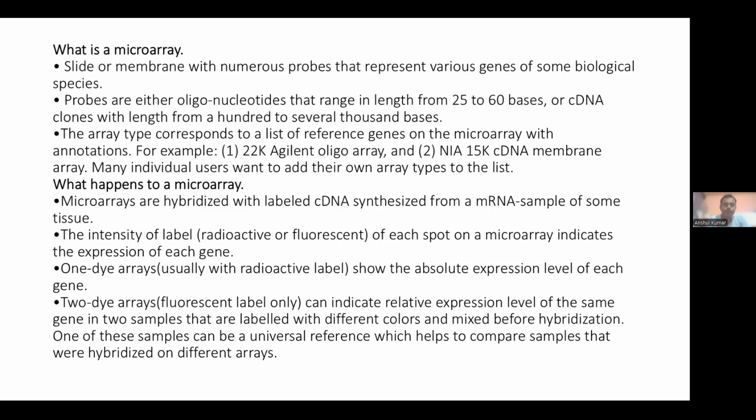Then the samples are usually labeled, either with a fluorescent label, which is a two-dye array, or radioactively, which is a one-dye array. You can say that it acts as an indicator for us to easily visualize any type of hybridization reaction.